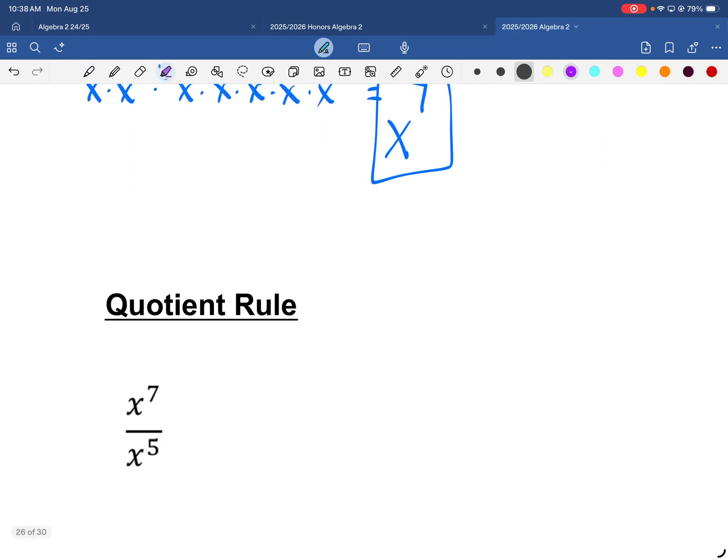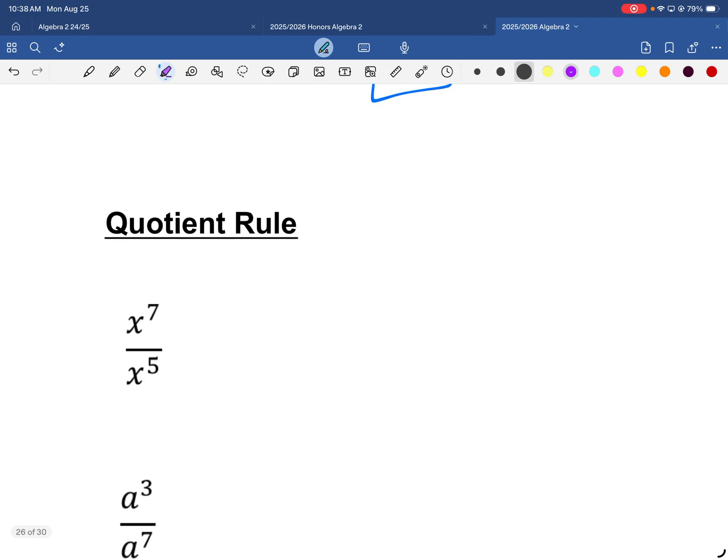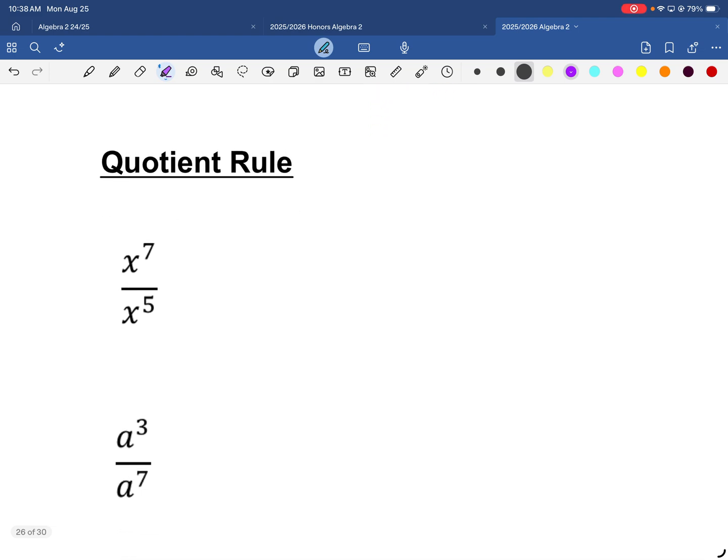The quotient rule. Quotient means to divide. So the first one we're going to look at is what happens if we have x to the 7th over x to the 5th. Well, if we think about x to the 7th over x to the 5th, again, expanded, it's 7 x's over 5 x's.